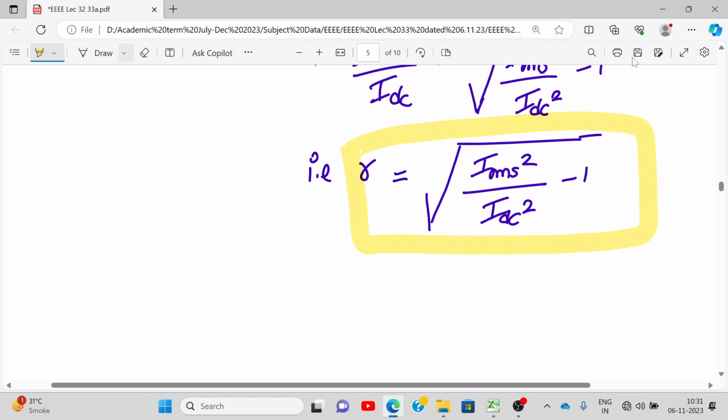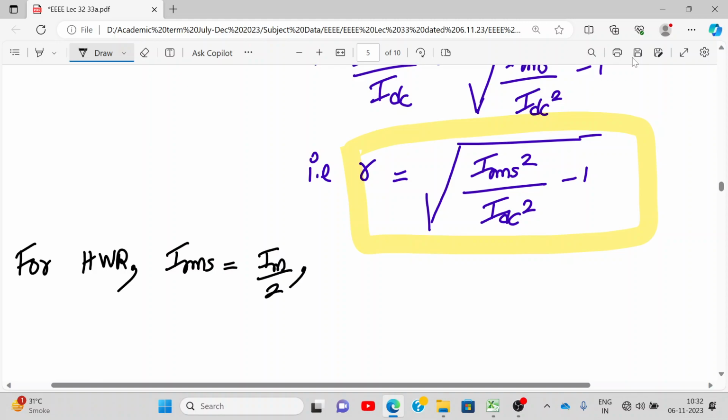Okay. Now, for a half wave rectifier, this is the general formula. For a half wave rectifier, what is IRMS? Im by 2. What is IDC? Im by pi.